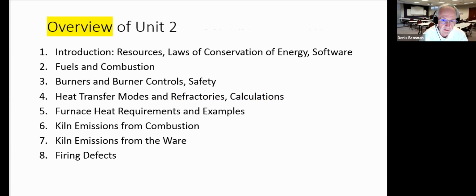Now I have 8 major sections in Unit 2. Today we're going to talk about kind of an introduction, some resources for you, law of conservation of energy applied to furnaces. Next time we'll go into fuels and combustion in more detail. We'll get to burners, heat transfer, furnace heat requirements.